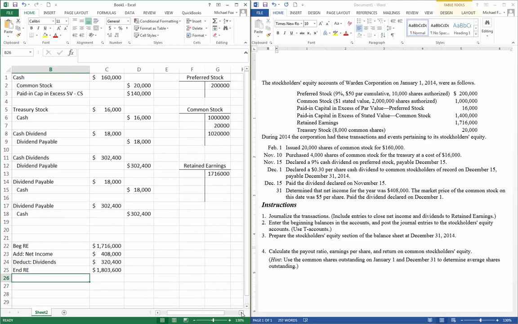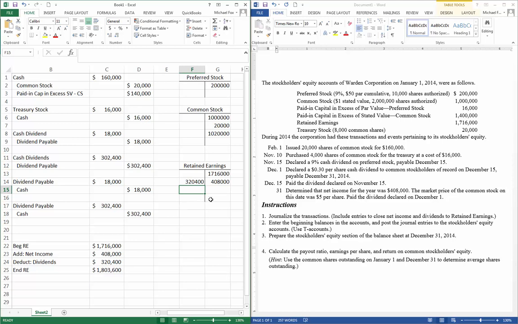The way this would look over here is we would add the $408,000 from the net income, and we would subtract the $320,400 of dividends that come right here, $18,000 and $302,400, so $320,400.